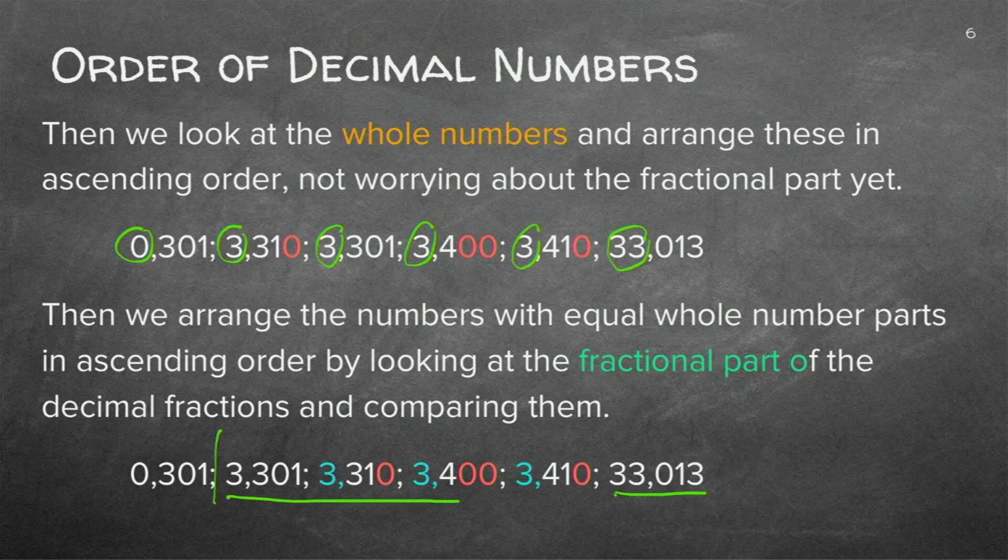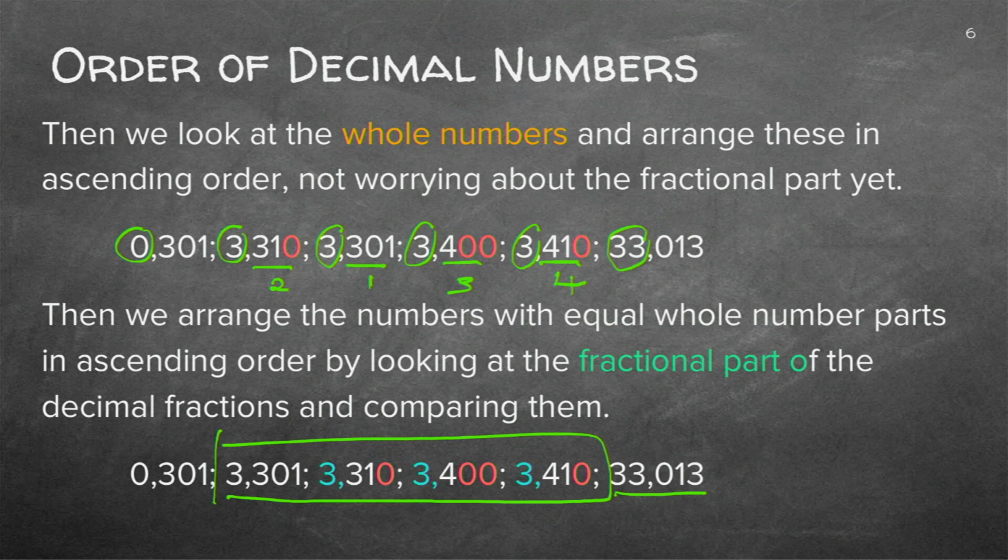And then we've got a series of ones in the middle with a 3 as a whole number. And then we're just going to compare the section after the decimal. So here we've got a 310, a 301, a 400, and a 410. So this is easy. This is the smallest. Then we've got 310. Then we've got 400. And then we've got 410.